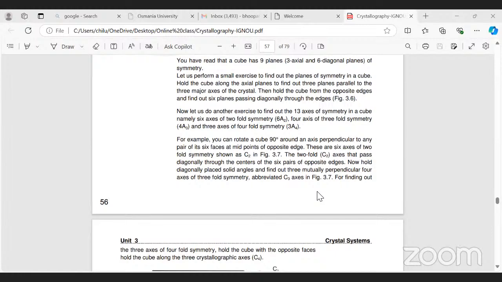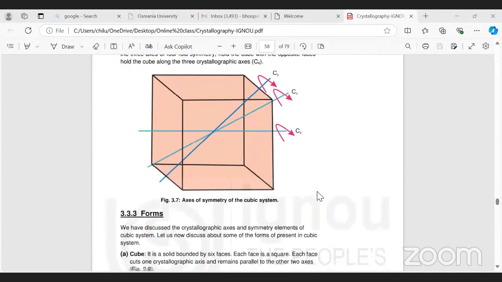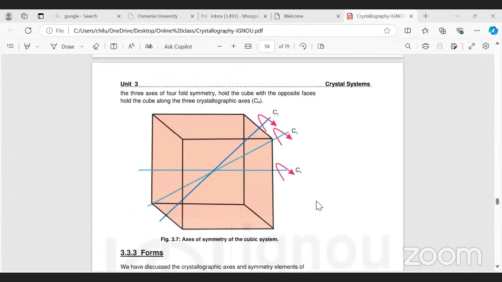If you are holding the opposite direction, this one and this one, you see there is a differentiation from this to here, and from this to the middle of the cube. Along the three axes, you can rotate it.